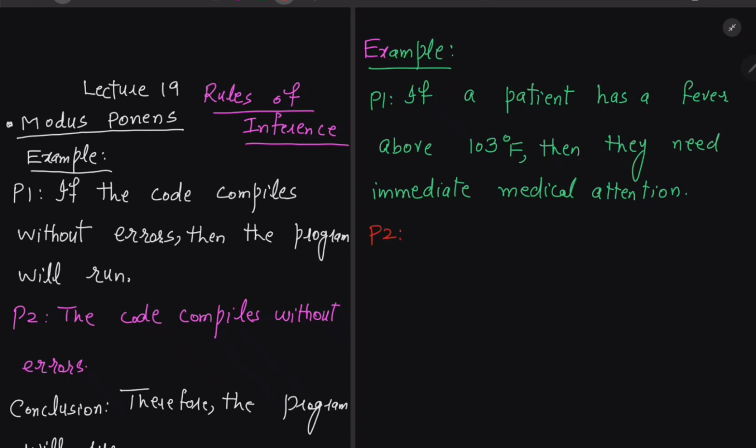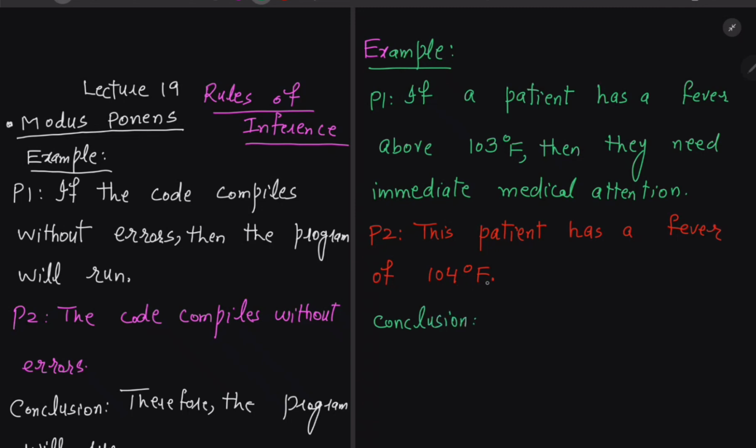Suppose premise 2 is: this patient has a fever of 104 degrees Fahrenheit. So what conclusion can we draw out of that?